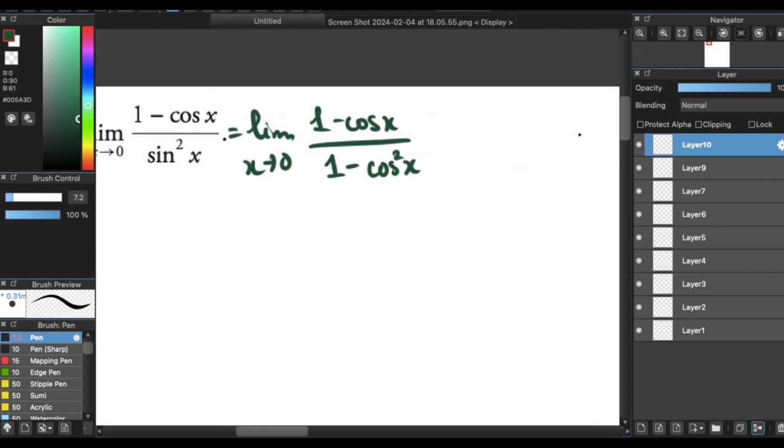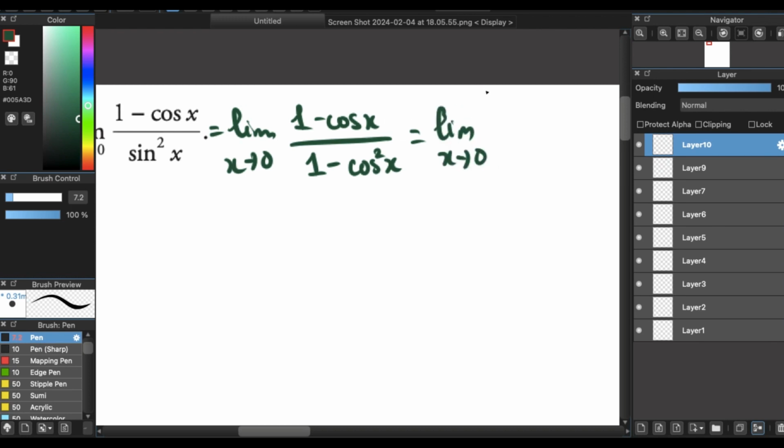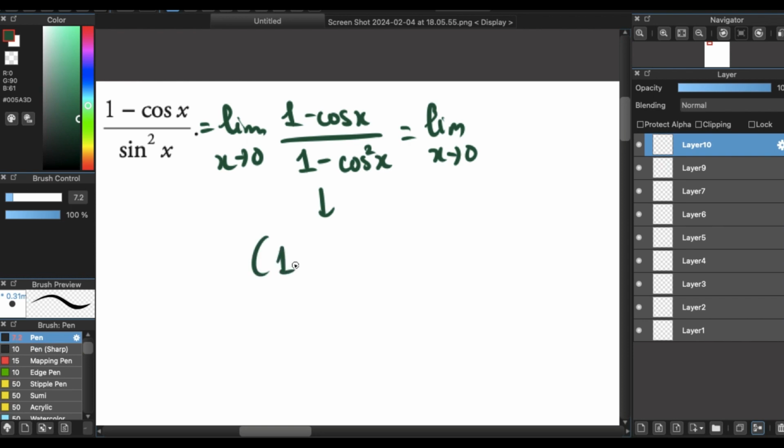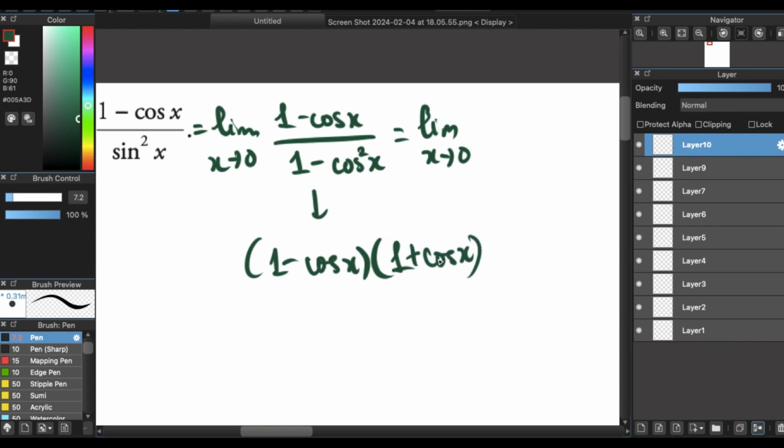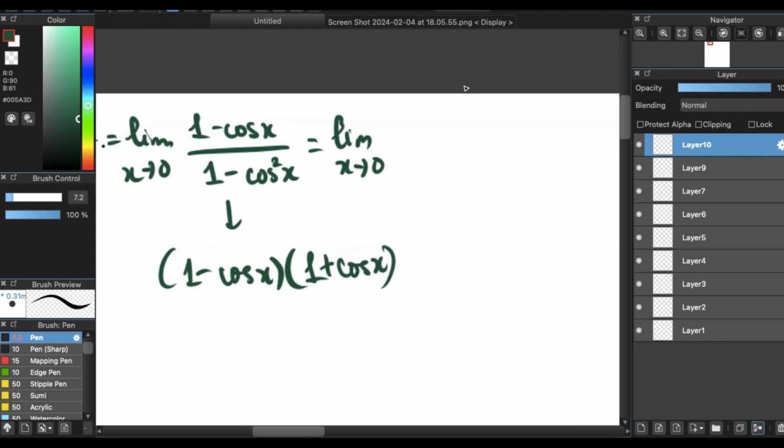Now we're going to divide both the numerator and denominator by 1 minus cosine x. So this one is going to be 1 minus cosine x multiplied by 1 plus cosine x. And we're going to cross out 1 minus cosine x, and we're going to have 1 over 1 plus cosine x.